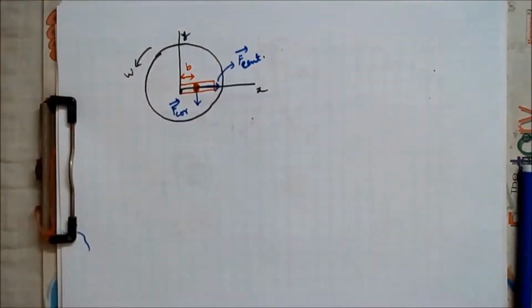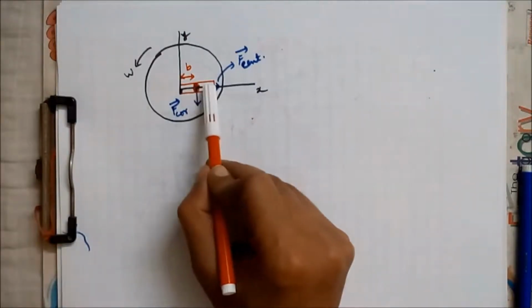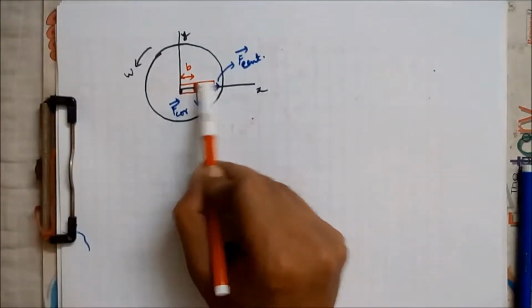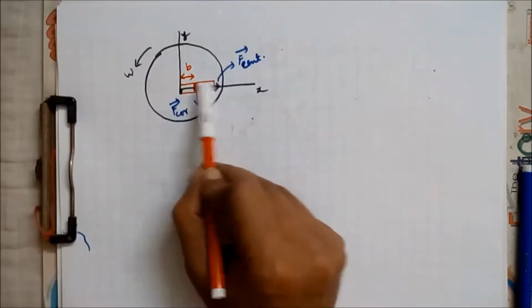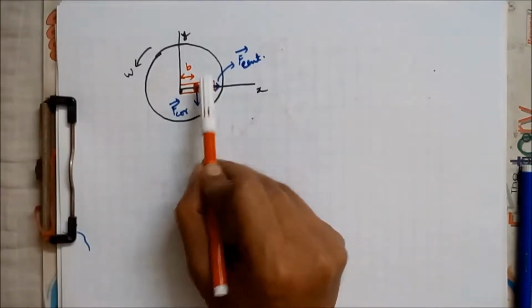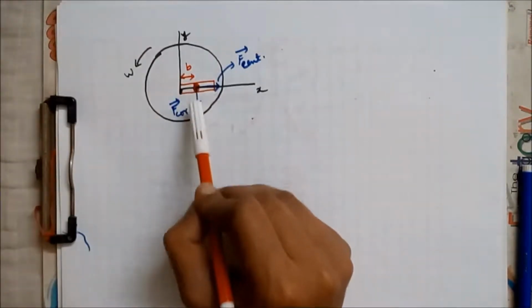At first, when this object starts to slide along the x-axis, because of the centrifugal force, it gains a velocity, and because it gains a velocity with respect to the rotating frame, a Coriolis force acts on it.